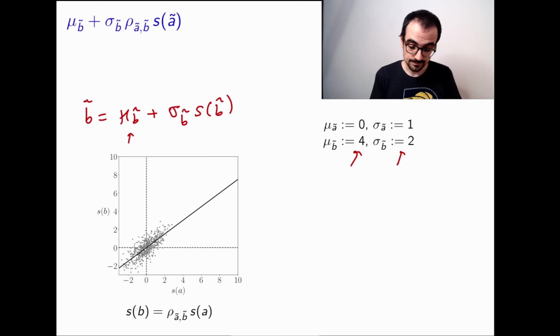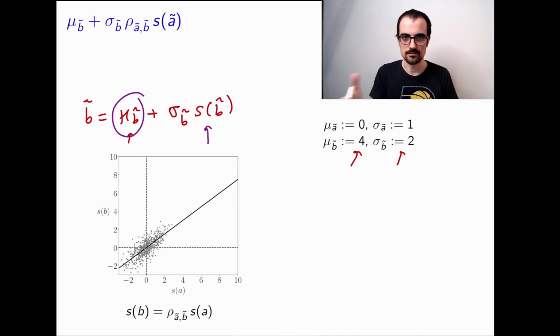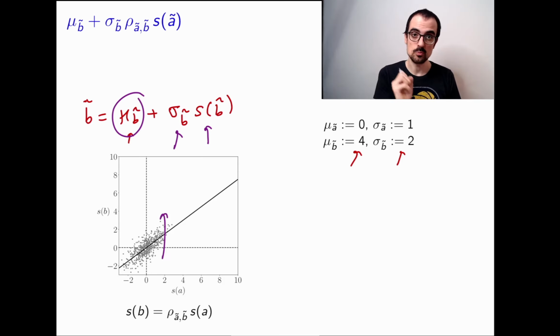So essentially, we should just plug in the best possible estimate for S of B here. Again, we start with a linear estimate, but now we're going to shift it by adding this constant, which is the mean mu B of B, and we're going to scale by the standard deviation of B. So this again is going to shift. In this case, we're going to shift this line upwards by mu B, and we're going to tilt again due to this standard deviation.